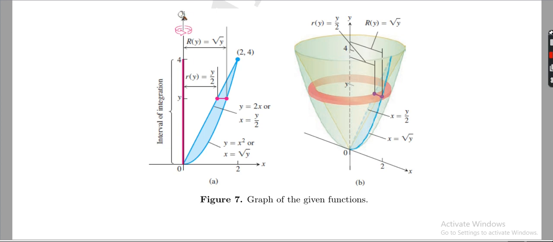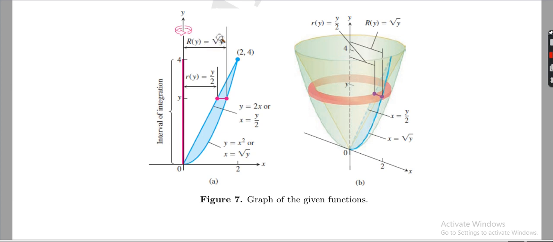So kung i-measure natin simula dito sa right boundary, or dun sa right end ng rectangle natin, and that is the parabola whose equation is x equals square root of y, minus the axis of revolution, and that is minus 0.